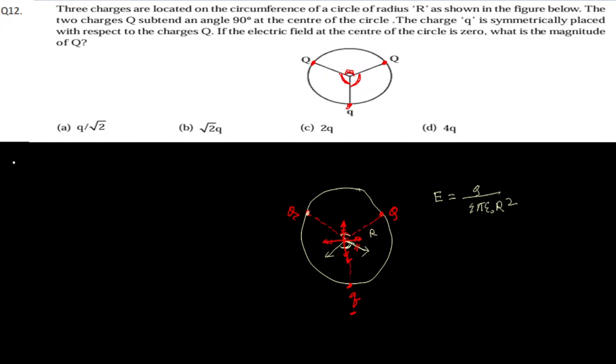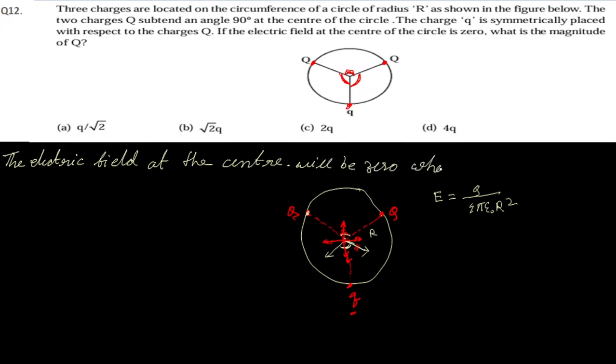So let me write here: the electric field at the center will be 0 when the electric field because of q at the center, 1 by 4 pi epsilon naught q divided by R square, is equal to the net electric field because of these two charges, that is 2 times the electric field because of an individual charge capital Q, that is Q by 4 pi epsilon naught R square, into cos 45.